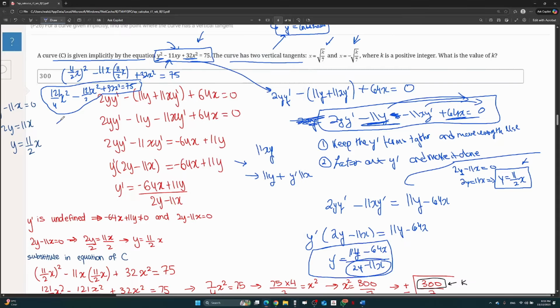You get 7 over 4, so 7 over 4 x squared is equal to 75. So you get x squared is equal to 300 over 7, if you cross multiply. And that means, what are the two answers you get? It's going to be plus or minus radical 300 over 7. So what's k going to be equal to? 300.